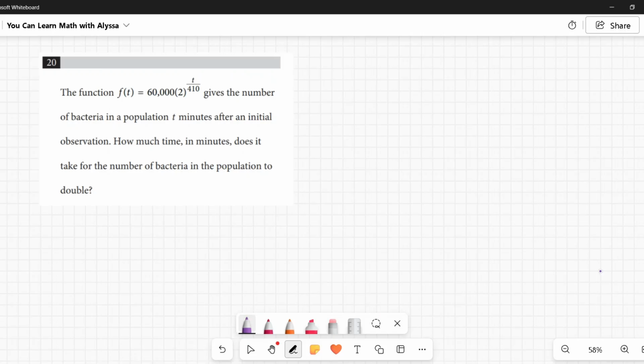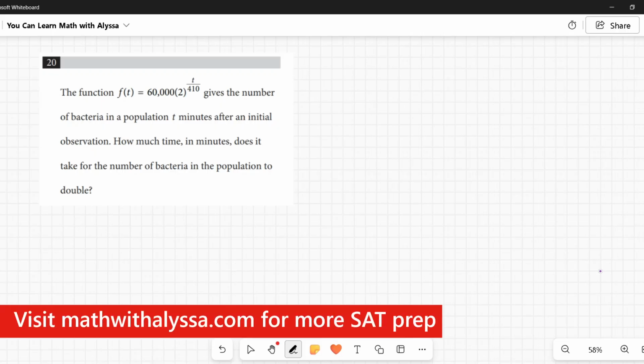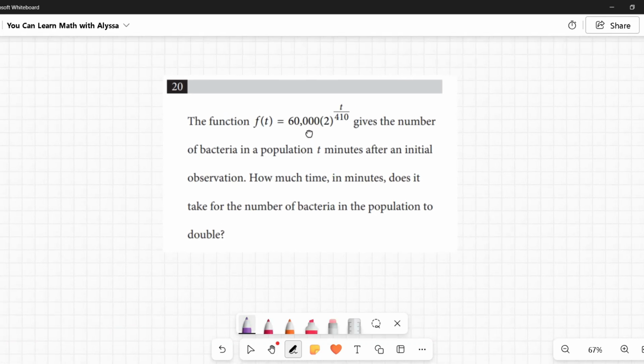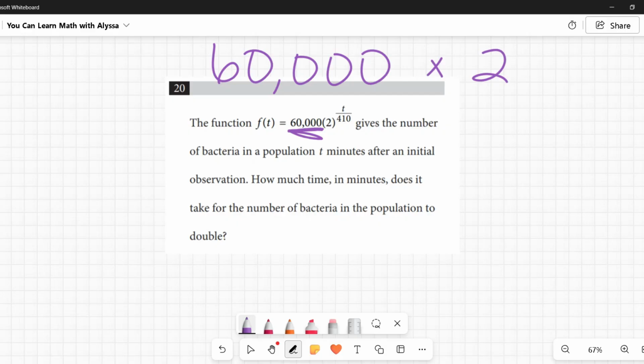They want to know, how long does it take for this number of bacteria to double? So we know, because we know our pattern here, that the starting number is 60,000. That's how many bacteria we started with. So if it's going to double, what do we need to multiply 60,000 by to get it to double? We need to multiply that by 2, right? Well, are we multiplying it by 2?